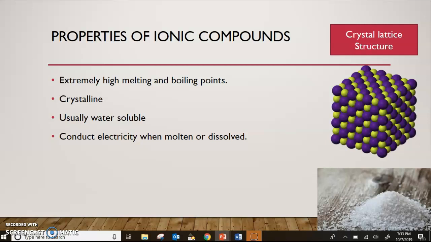It is an ionic compound and it is still considered a salt. They're generally water-soluble, meaning that they can dissolve in water. And they can conduct electricity when molten, that means when they are melted, or when dissolved in water. They cannot conduct electricity as a solid.